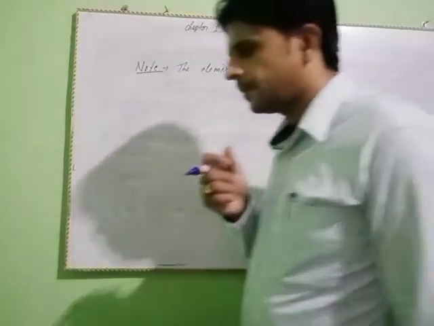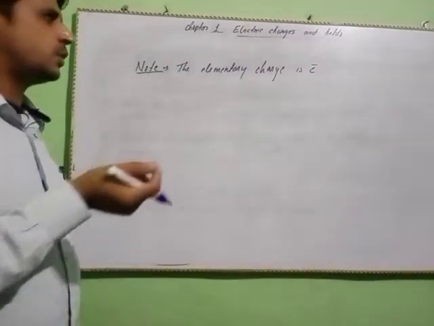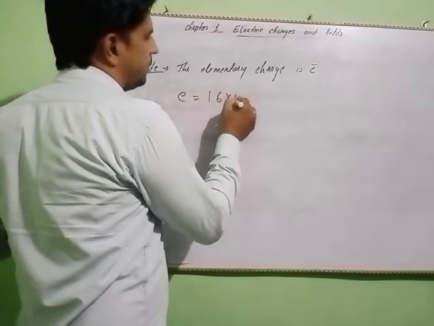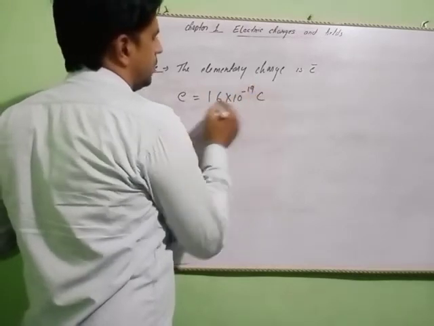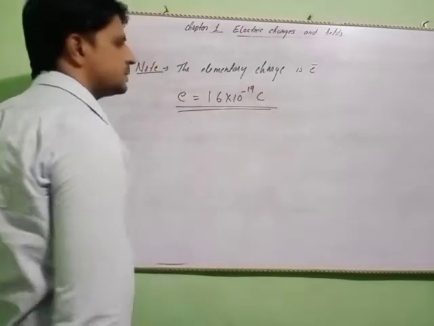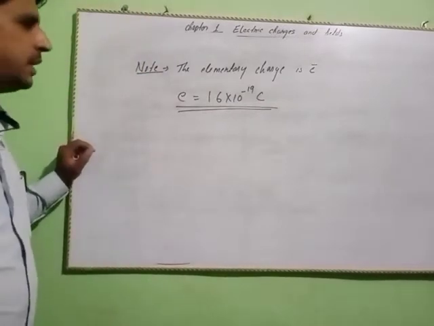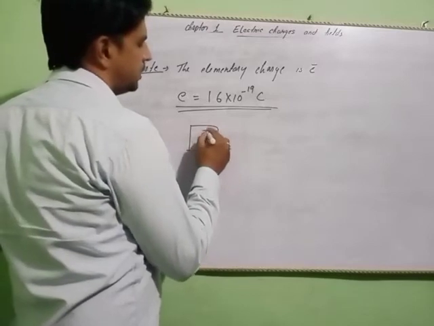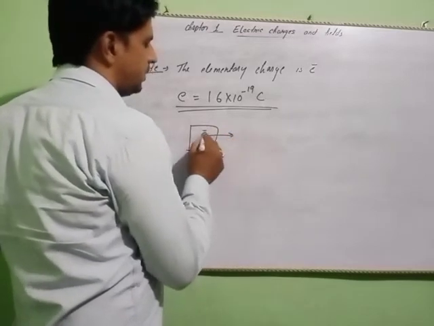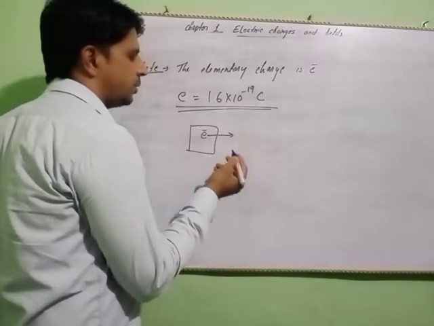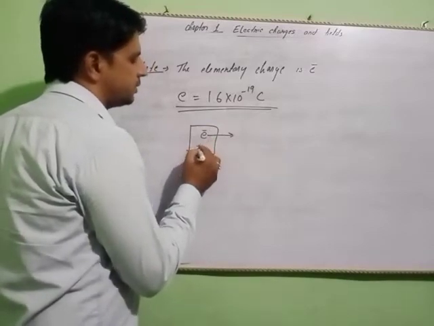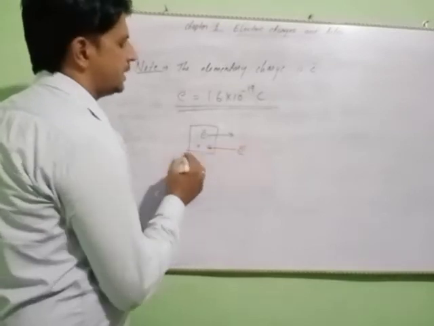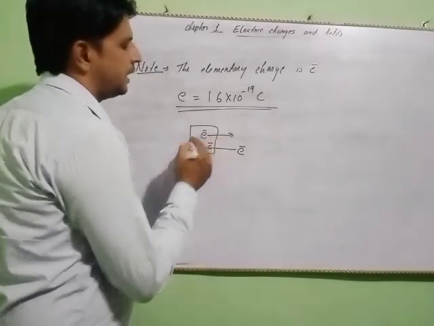No other charge is smaller than the electron, and it has a value of 1.6 into 10 power minus 19 coulomb. The electron is considered the mobile charge: if an electron leaves a body, it makes the body positively charged. If an electron comes inside the body, it makes the body negatively charged.